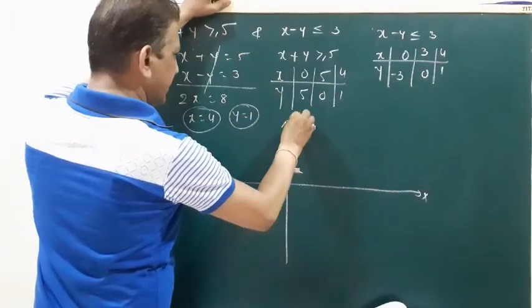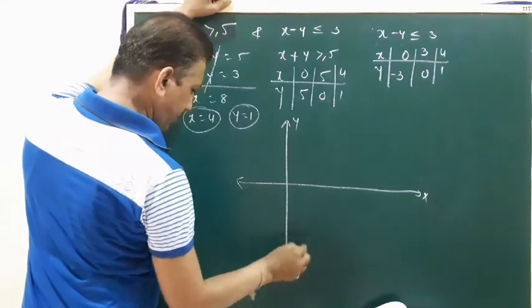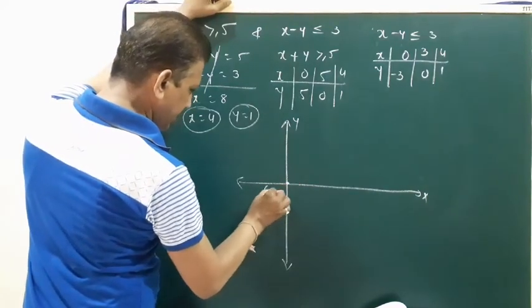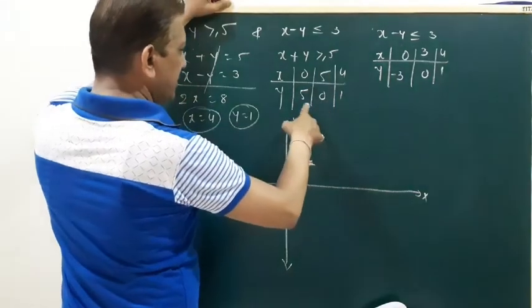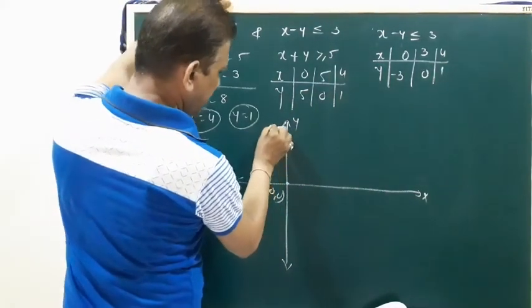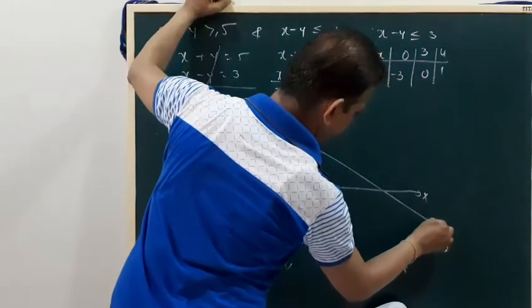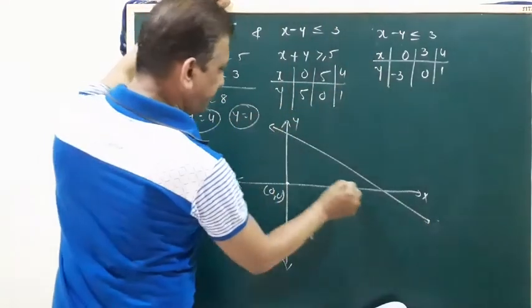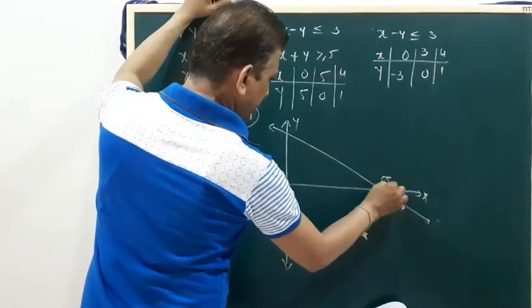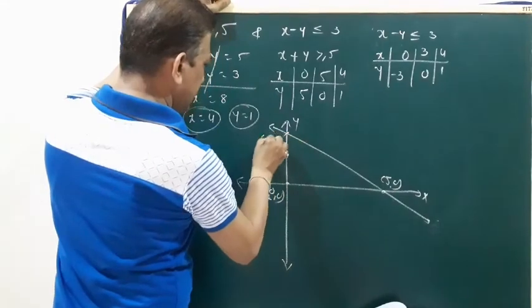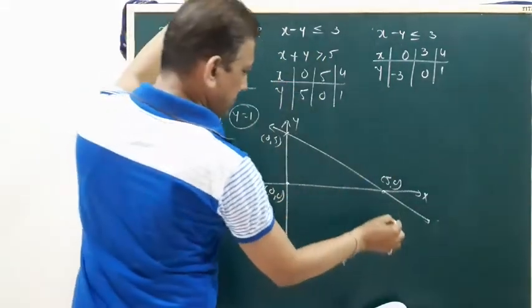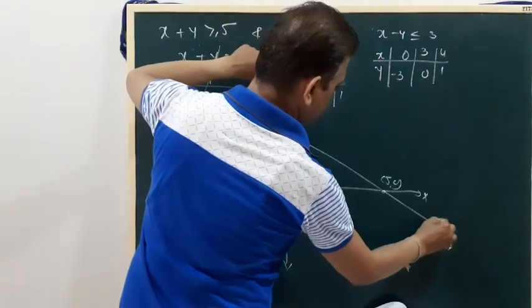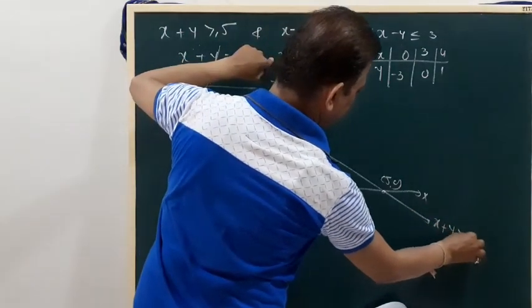The graph is very important. Look, this one is most important. Here is 0, 0. Now 5, 0 and 0, 5. And we write the line equation x plus y greater than or equal to 5.